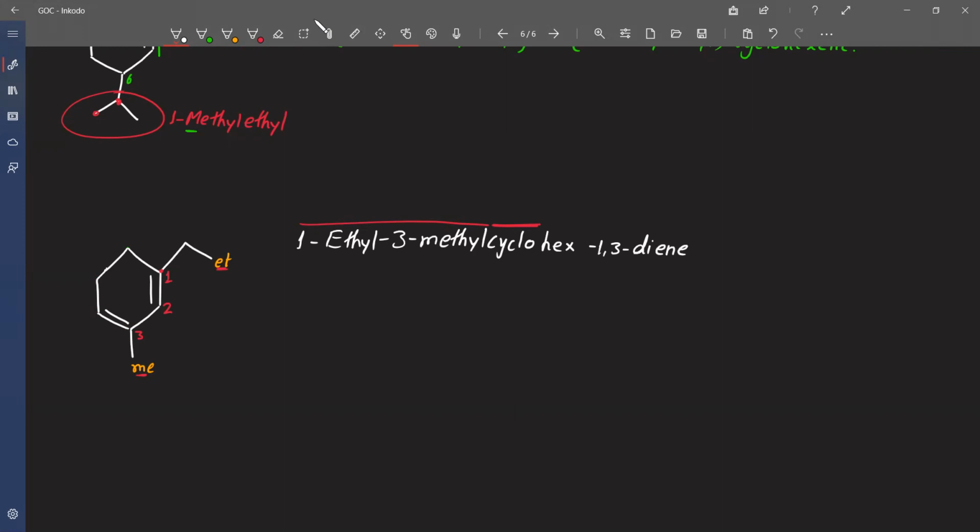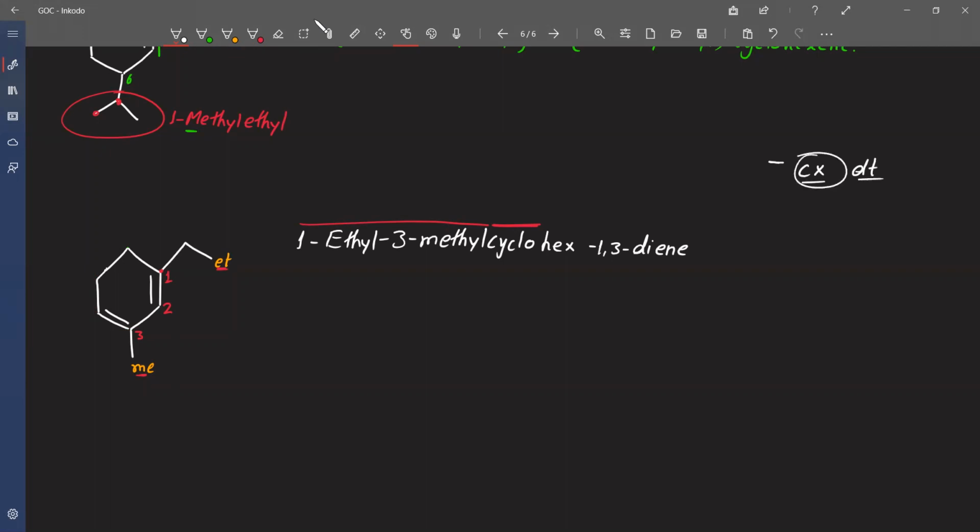Now in normal English word formation, two consonants together doesn't go well.